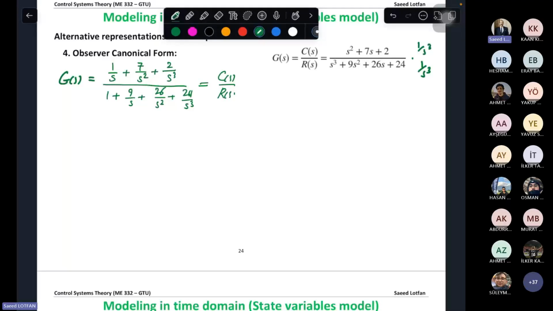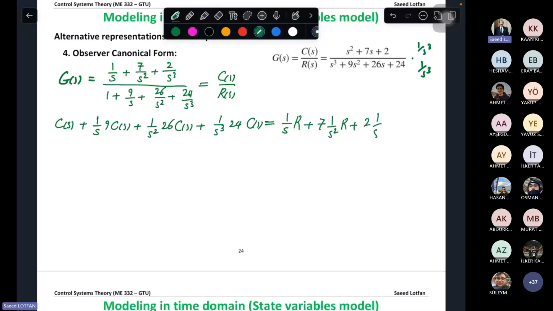So what we do is, if you multiply these, you will get C(s) plus 1 over s times 9C(s) plus 1 over s^2 times 26C(s) plus 1 over s^3 times 24C(s) equal to 1 over s R(s) plus 7 over s^2 R(s) plus 2 over s^3 R(s).